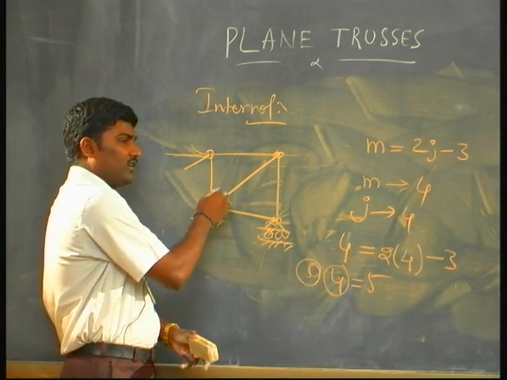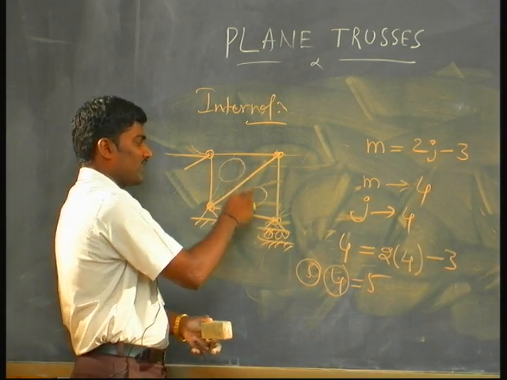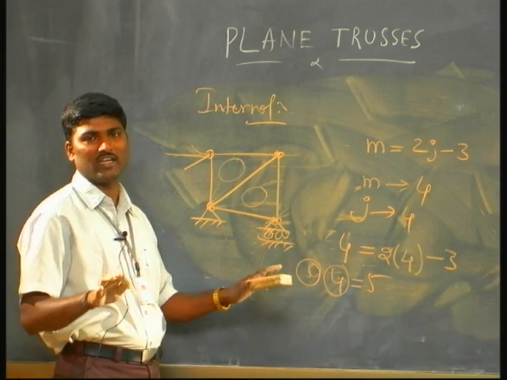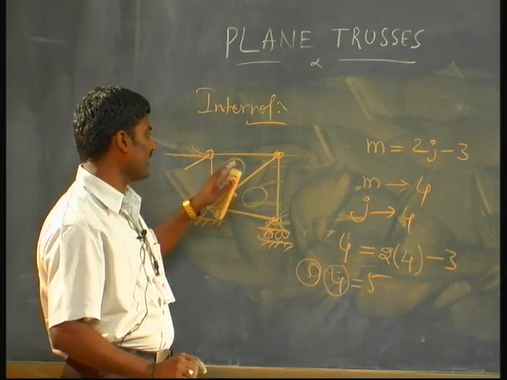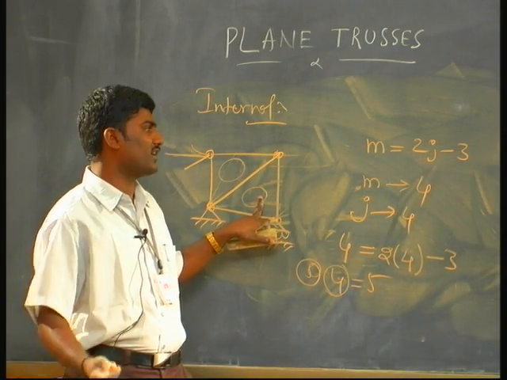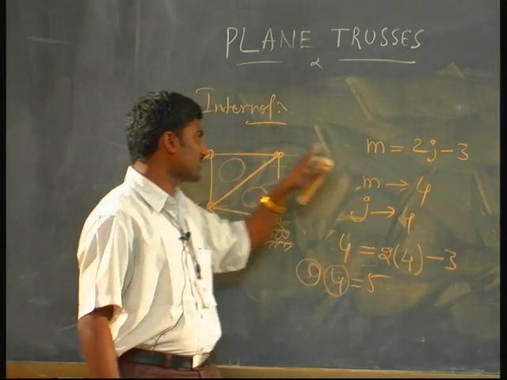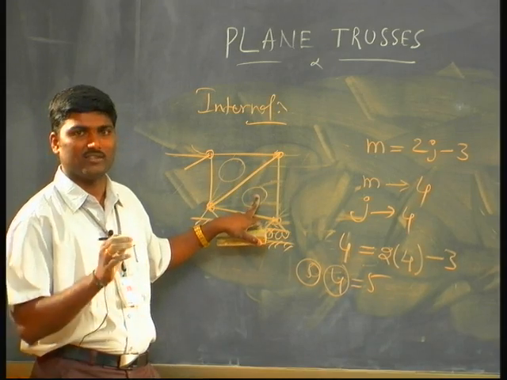So, from this I can say that the basic stable truss is a triangle. If you see triangles anywhere in any type of truss, and all are triangles, then your truss is internally stable. You need not check for this condition, if it is all triangles, then you can say that it is a stable truss.